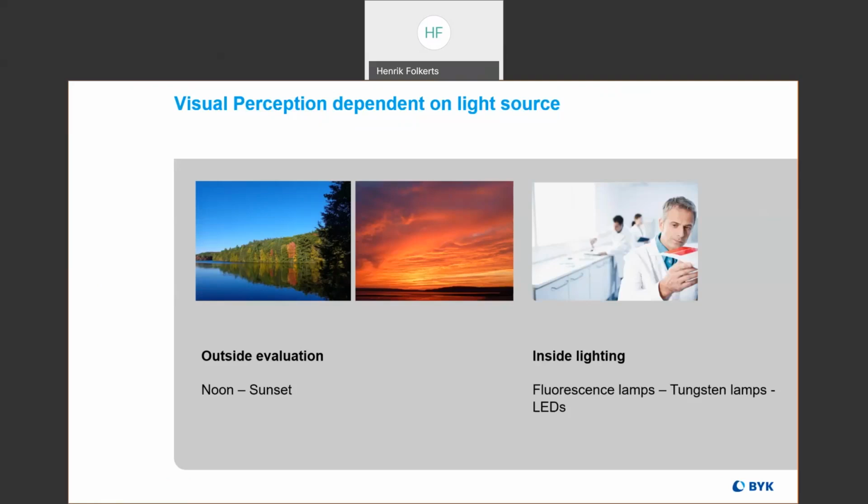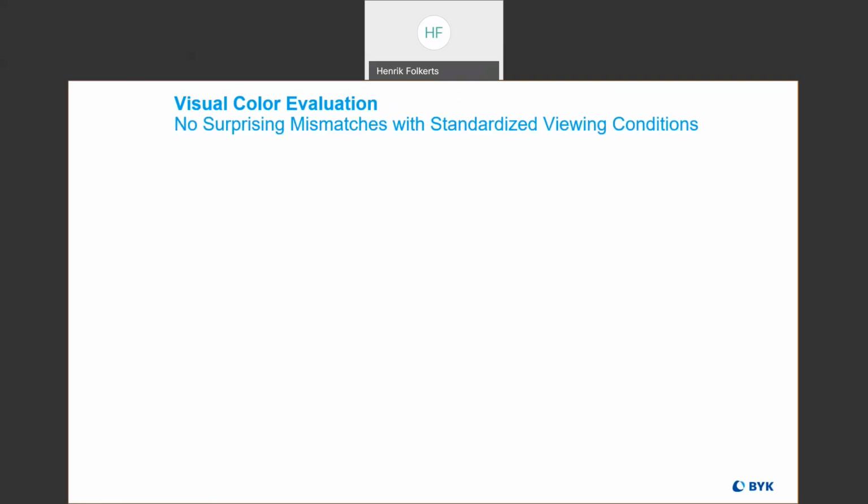You're going to deal with fluorescent lamps, tungsten lamps, more and more LEDs. So all these light sources that we use in everyday life are different. They have different spectrums of light that cause the colors that we're evaluating to look different. So in order to properly evaluate your colors, you need to standardize the light source.